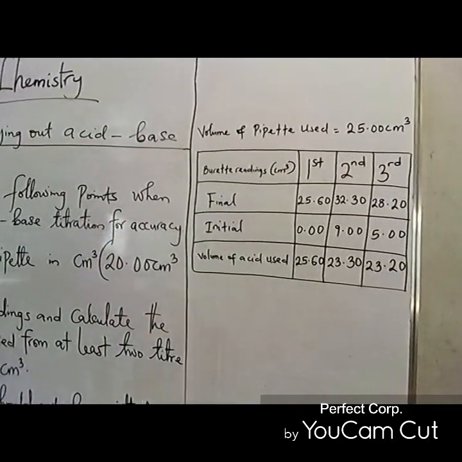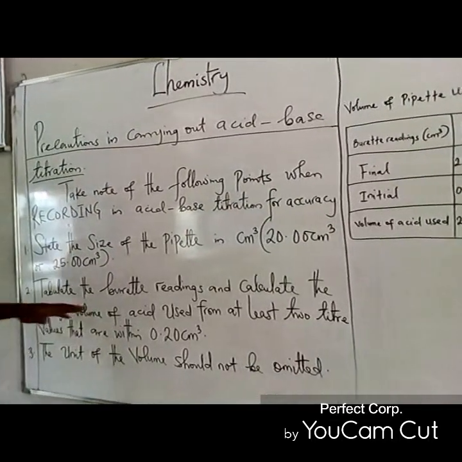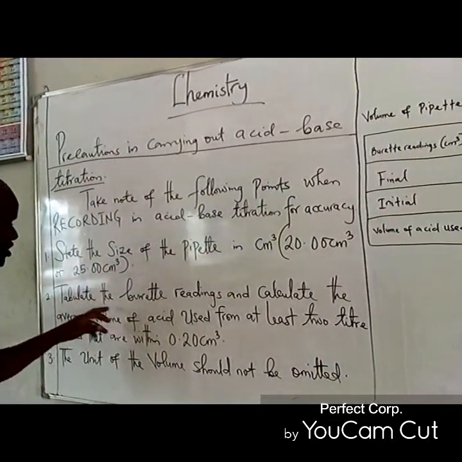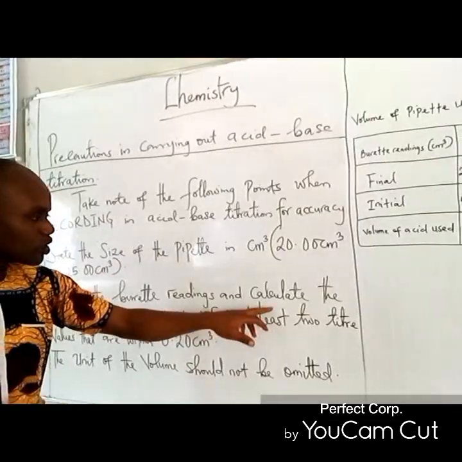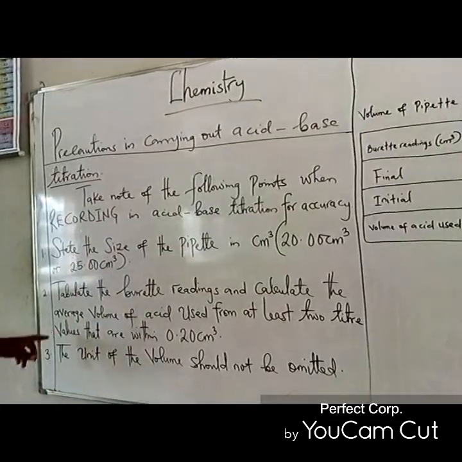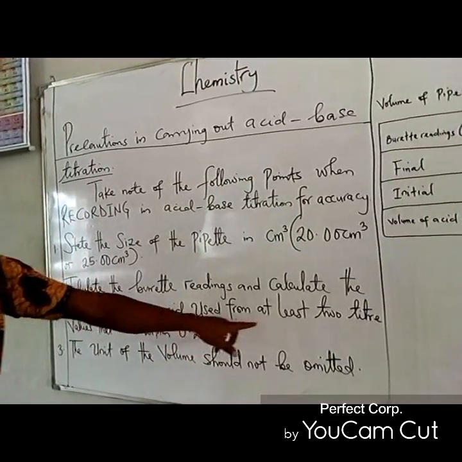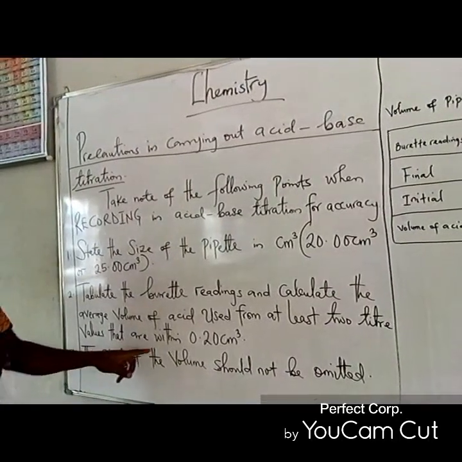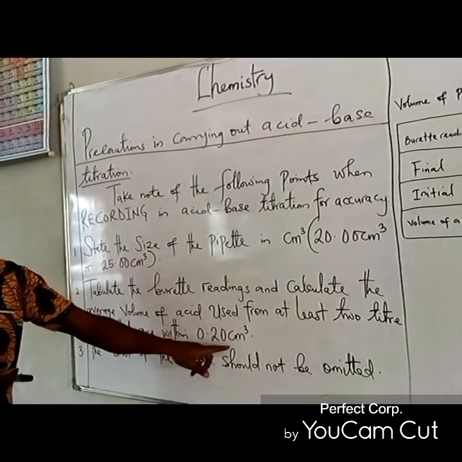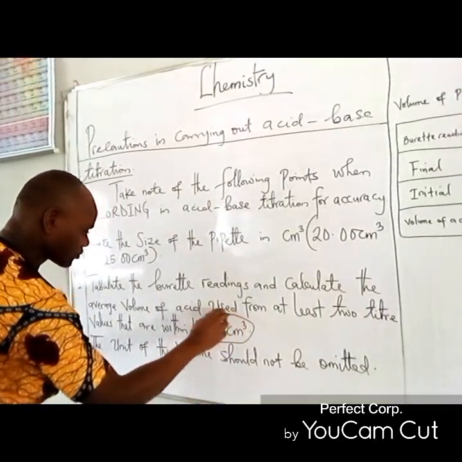But coming back to this second precaution, we are told that after tabulating the burette readings, we want to calculate the average volume of acid used from at least 2 titer values that are within 0.20 cubic centimeter. This is what I want to explain. Please take note of that.